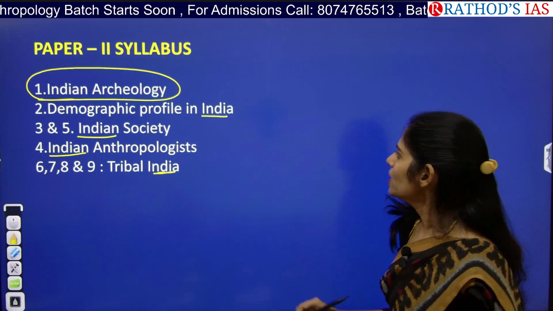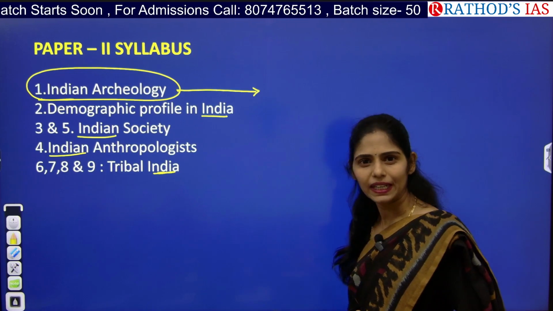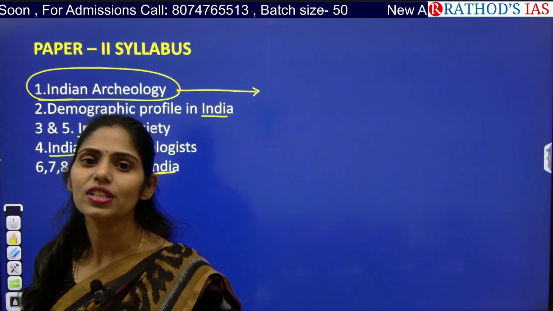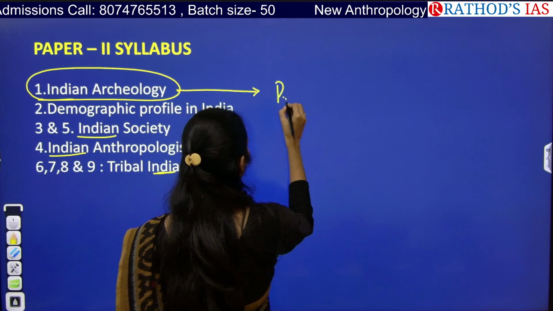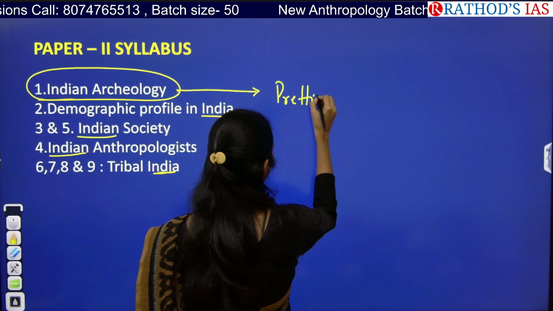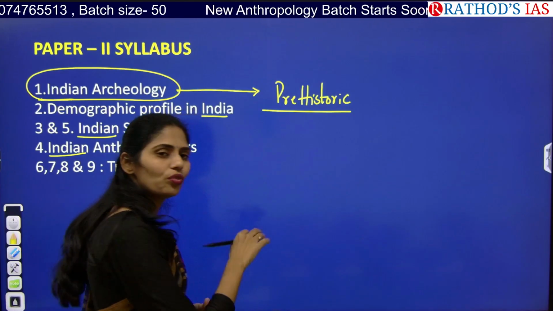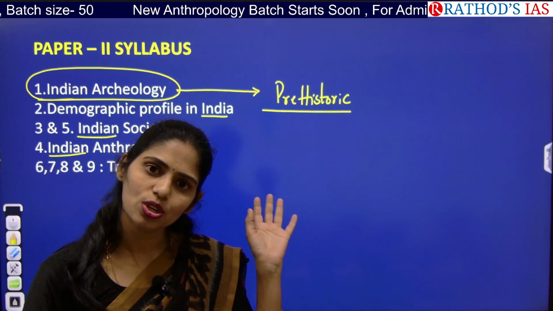In the first chapter, what will you expect? You will study how culture and civilization evolved in India. First you will read about prehistoric culture. Where can you find clues about our prehistoric culture?